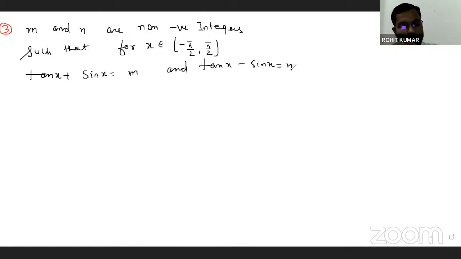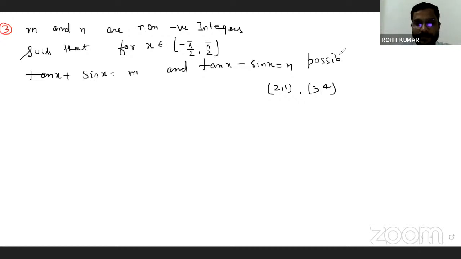Then the possible ordered pair of m and n is, and the options are (2, 1), (3, 4), and so on. We need to calculate the possible ordered pair.